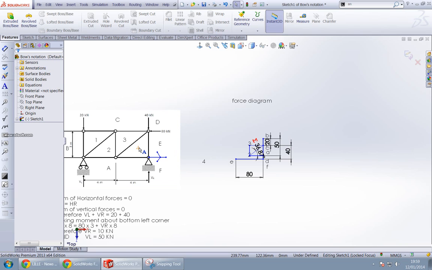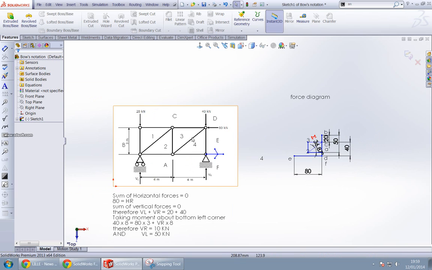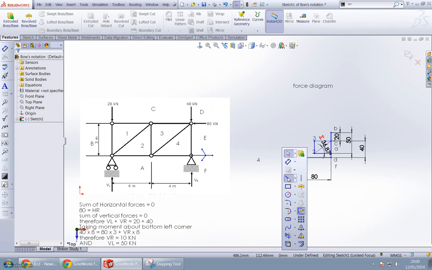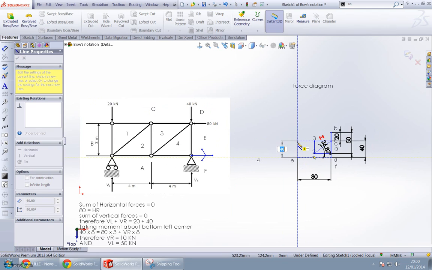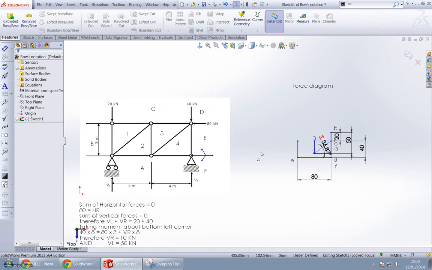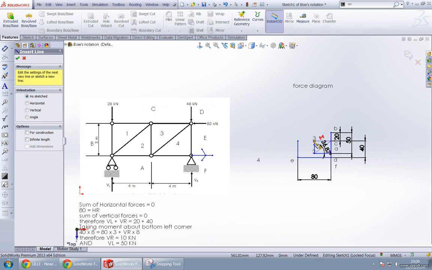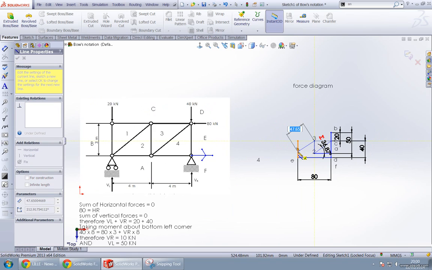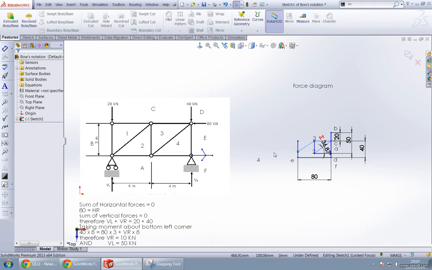This is point 4. Point 4 is diagonally connected to point 3, and vertically connected to E. So if we draw a vertical line from E and a diagonal line from 3, it should be point 4 here.